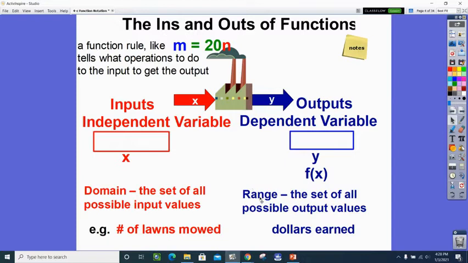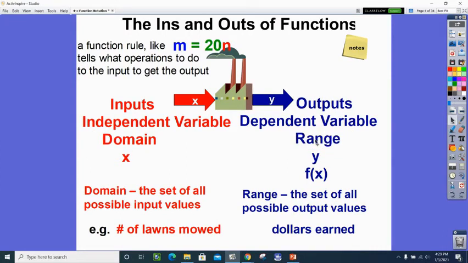And one way that you can remember domain versus range is domain gets tied with your x variable and range gets tied with your y, and everything's kind of alphabetical. So x comes before y in the alphabet and D comes before R. So domain goes with your x, your input, your independent variable, and range goes with your y, your dependent variable, your outputs. These are just our words again of domain and range.